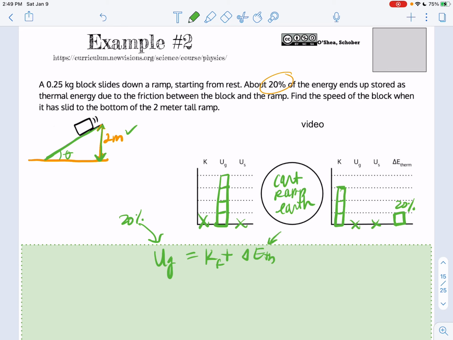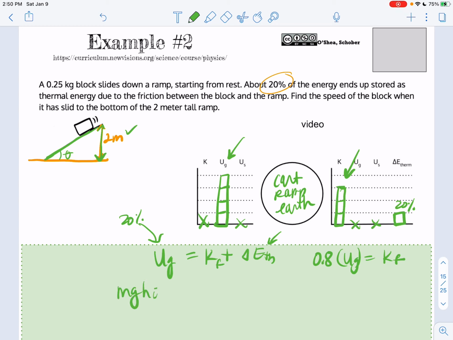Or another way you can think of it is, if I have my initial and my final, I'm only really getting 0.8 of my initial, because only 80% of what I have here is going to end up in the kinetic column. So if you want to do it like that, that's fine too. It doesn't really matter. In this case, it's pretty simple because you know everything, so it doesn't matter either way. So I'm going to go to the next line down.